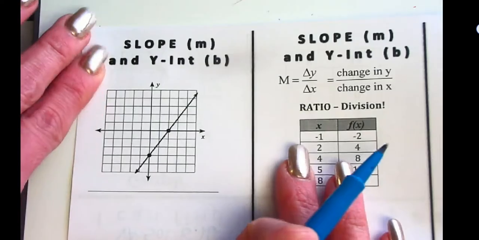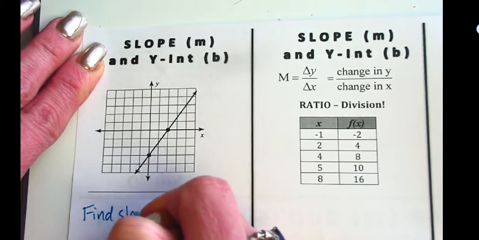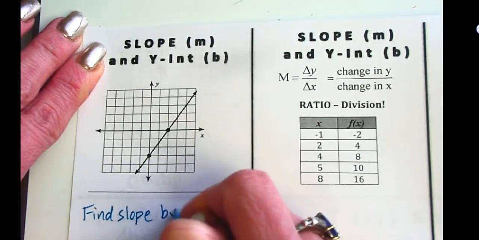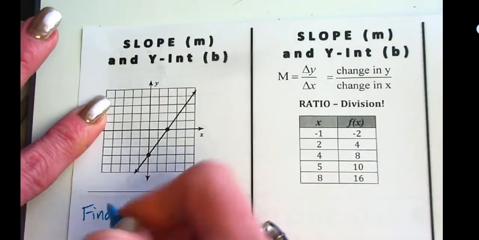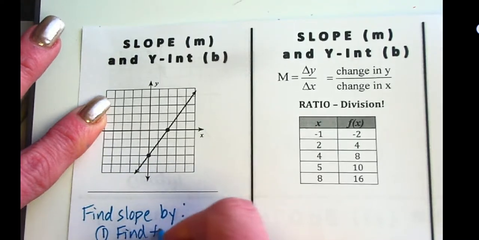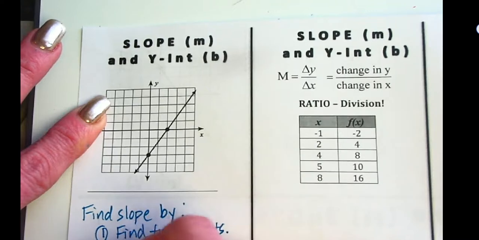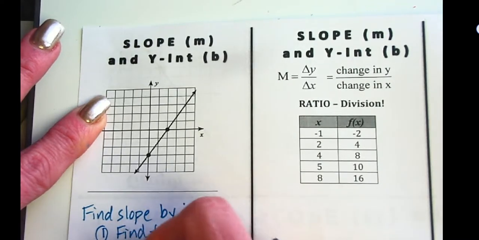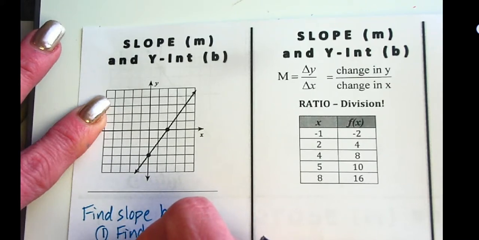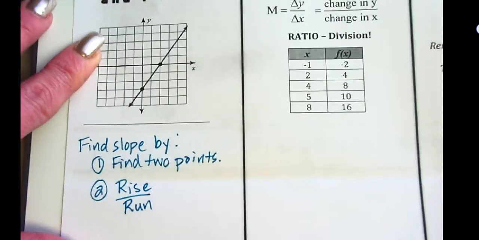The first thing that we're going to do is find slope by, first step, find 2 points. And then our second step is to calculate your rise over run using your slope triangle.